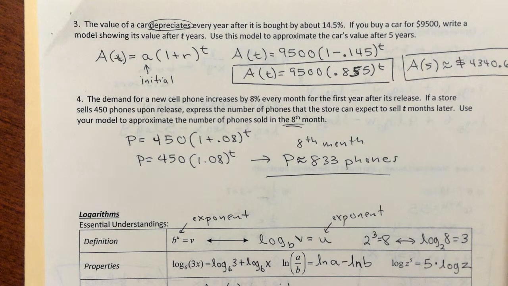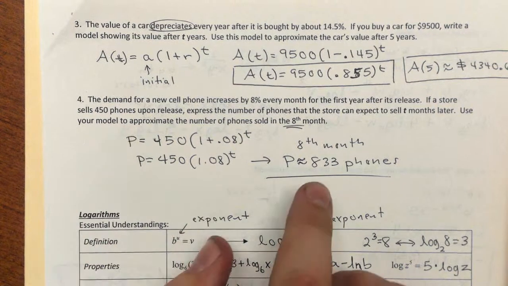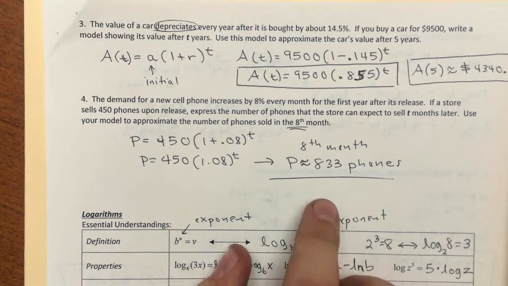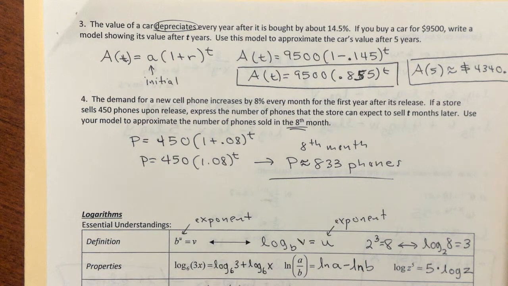That's it. 450 phones upon release. After 8 months, with that 8% growth, we can expect that in the 8th month they will be selling 833 phones. Don't tell me this problem is not realistic. I already know that. Hopefully this has helped.